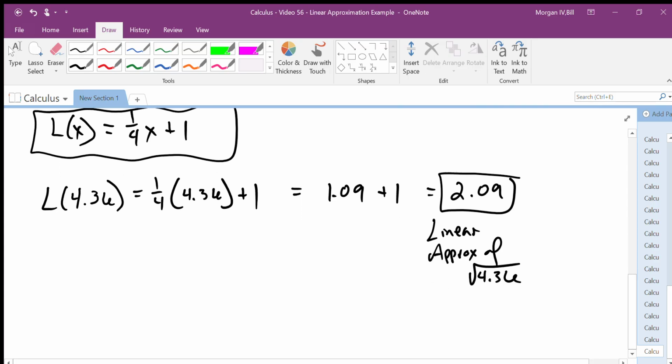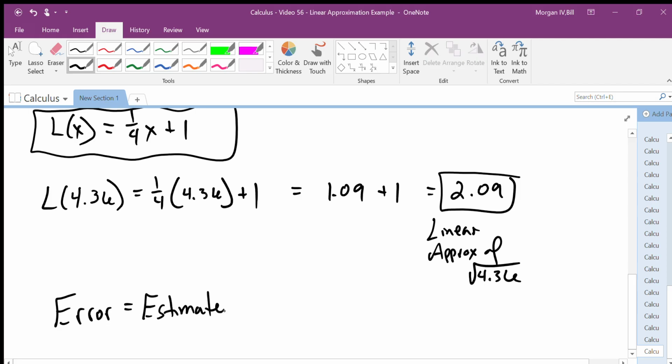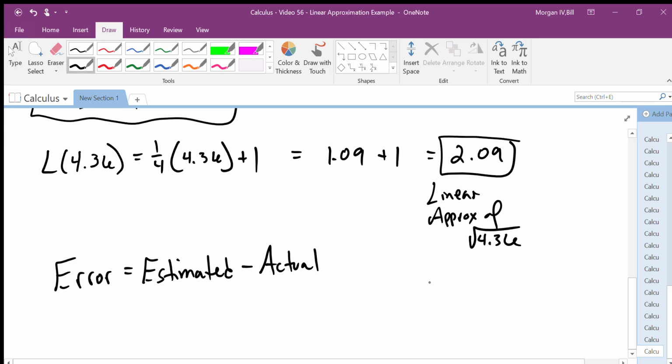Good. Let's now find the error. In order to find the error, we need the actual. Remember, error is the estimated minus the actual. The estimated value of the square root of 4.36 is the 2.09 that we found with a line. We need to find the actual, so all of a sudden we have our calculators now, and we're looking for the square root of 4.36, which is approximately equal to 2.0881, a little bit of rounding there.